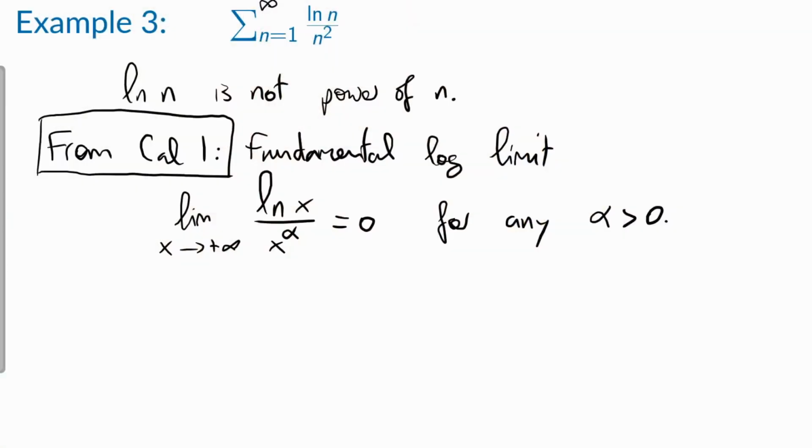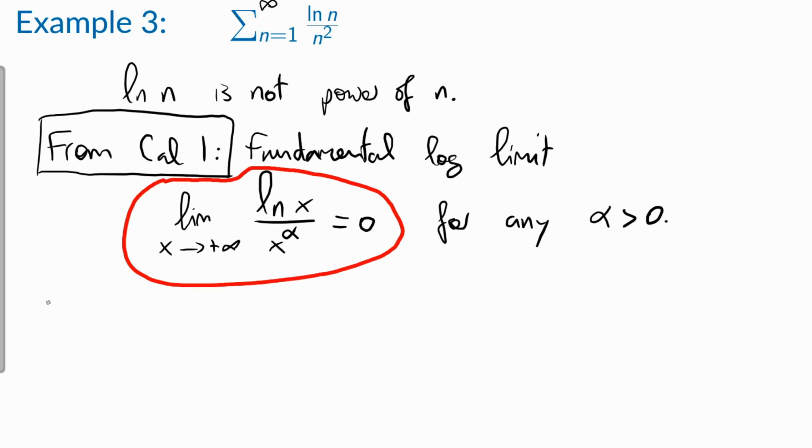I'll leave it for you as an exercise, and we can go over it if you don't remember how that works, because this is an important fact, and I want you to remember it: the natural log of x grows much more slowly than any positive power of x. So we have that this limit is 0 for any positive alpha, and if you don't remember this fact, I do encourage you to make a note of it.